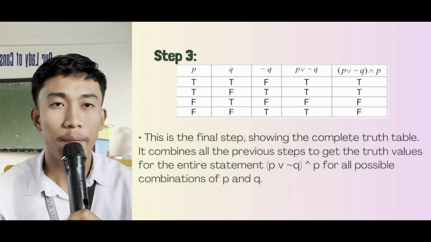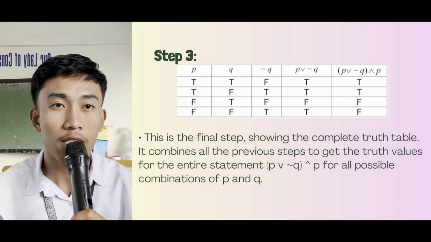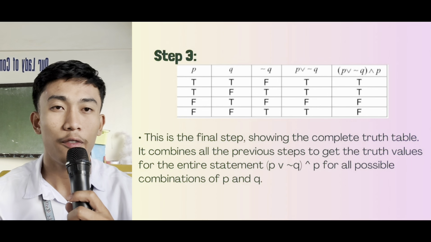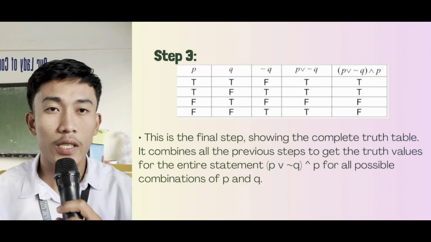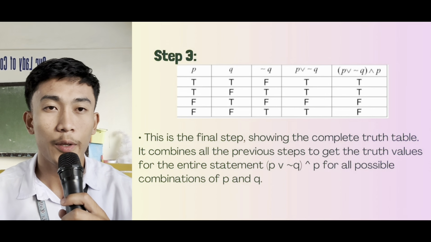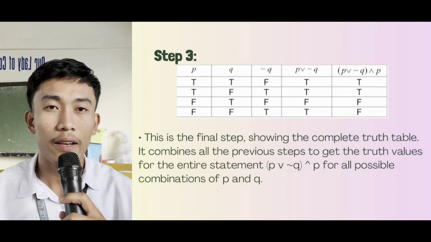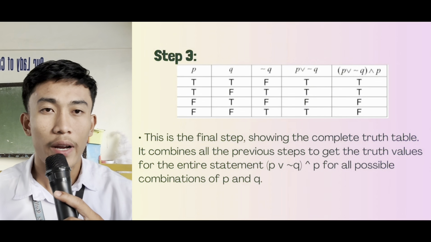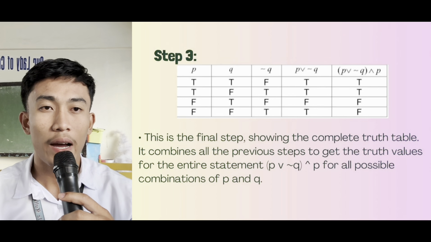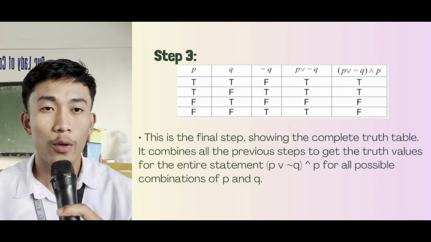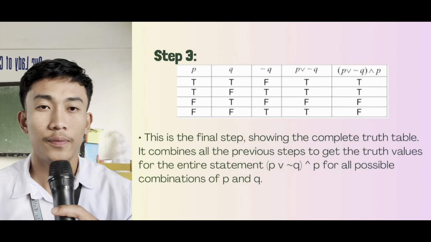P and Q represent basic propositions that can be either true (T) or false (F). Not Q is the negation of Q, meaning it has the opposite truth value. P or not Q combines the truth values of P and not Q using the OR operation.